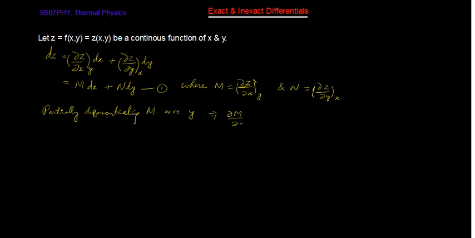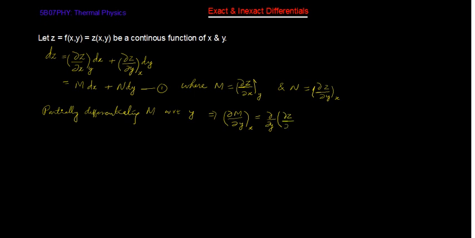When I am differentiating with respect to y, I have to keep x as a constant. So that would be equal to dou by dou y of what is m, that is dou z by dou x.